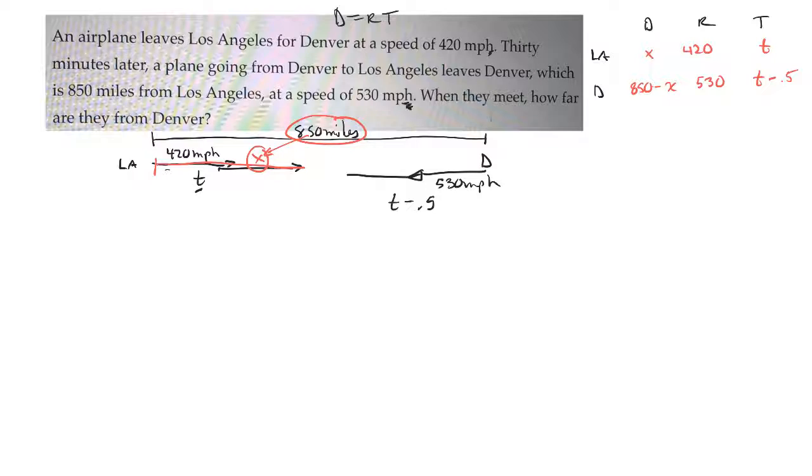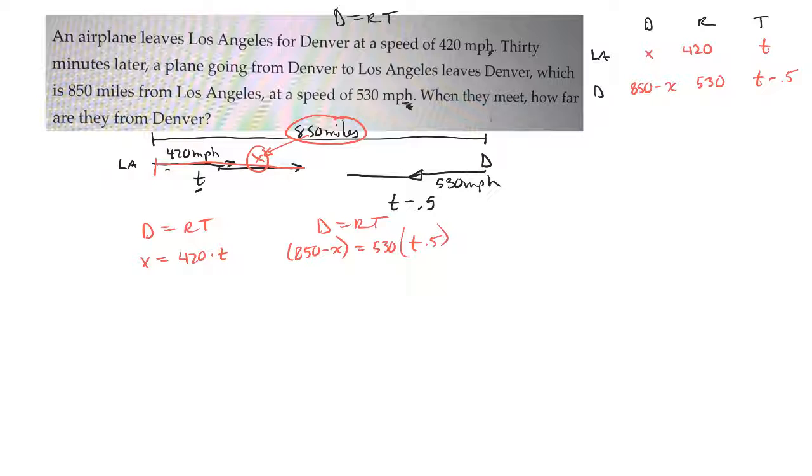Okay, all right. So now our formula is distance equals rate times time. Let's do the LA guy first. So X is equal to 420 times T. And then let's do the other one. So the distance is 850 minus X is equal to the rate, 530, times T minus 0.5.